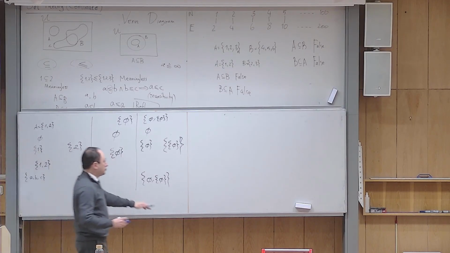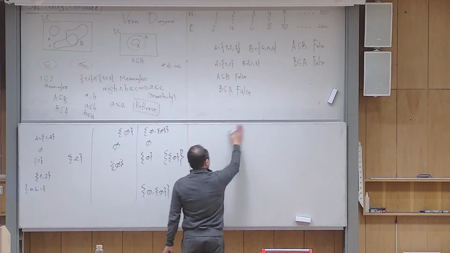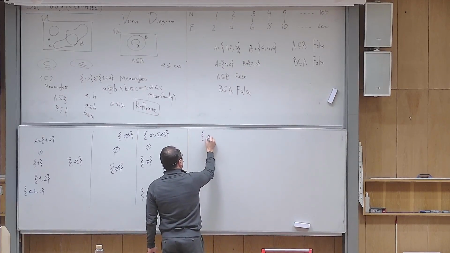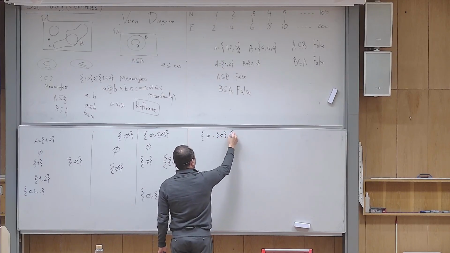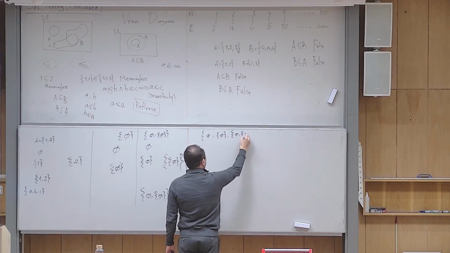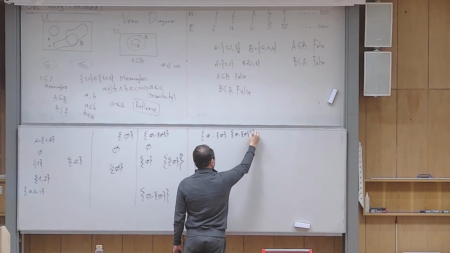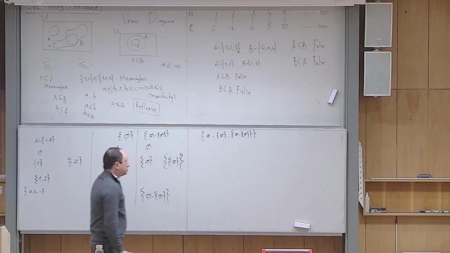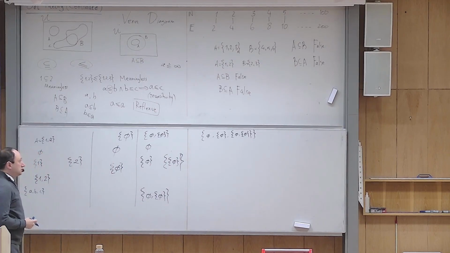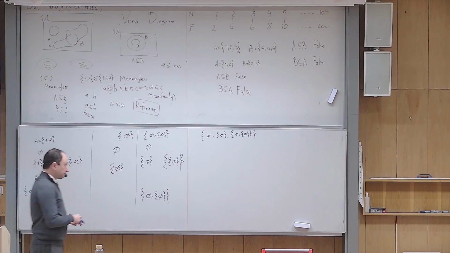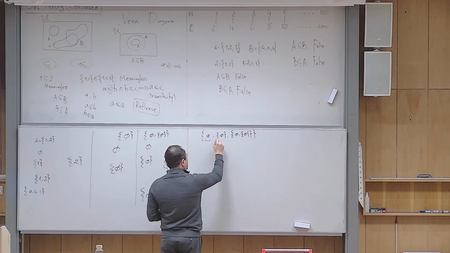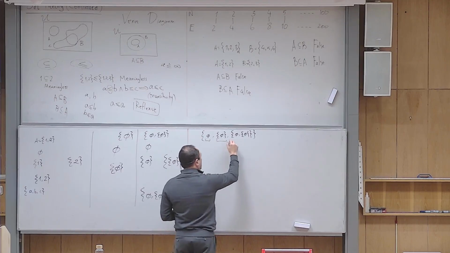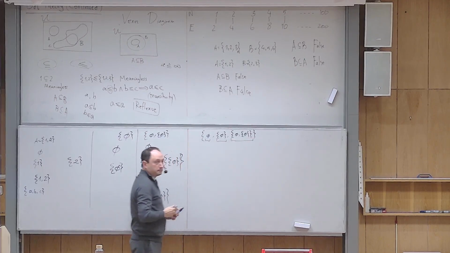But let us do it like this. Let me write the empty set, and this, and that. So this is a set with cardinality 3. This is one element, this is the second element, and this is the third element.